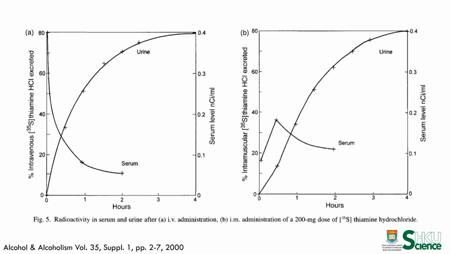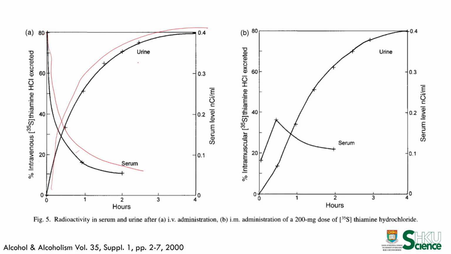This shows you the radioactivity of thiamine excreted after intravenous and intramuscular administration of a 200 mg dose of thiamine. This is the serum level that's dropping after IV infusion, and this is the amount of thiamine excreted.